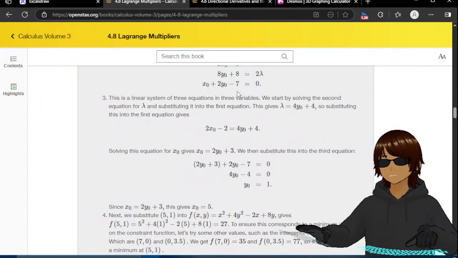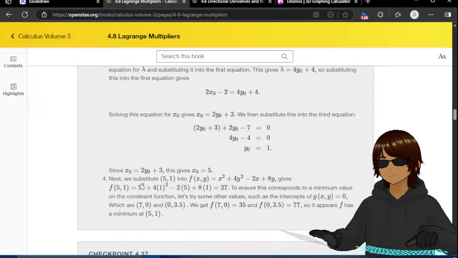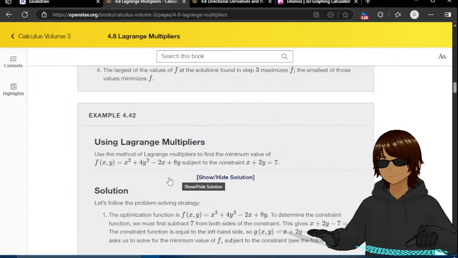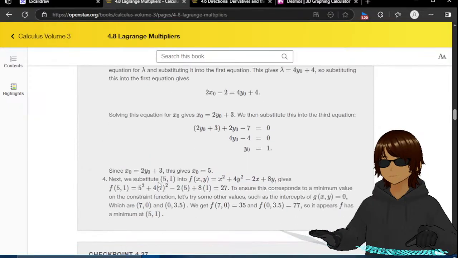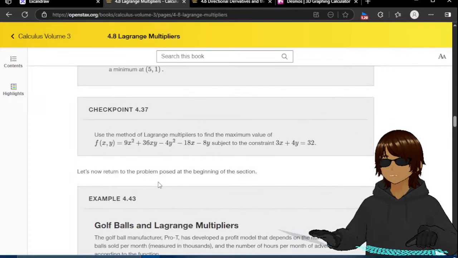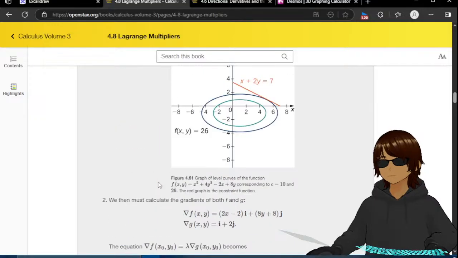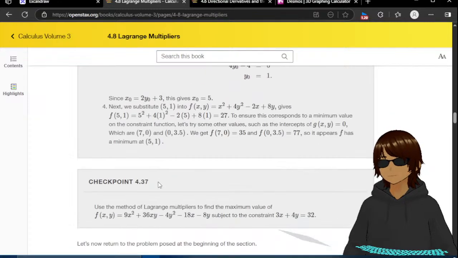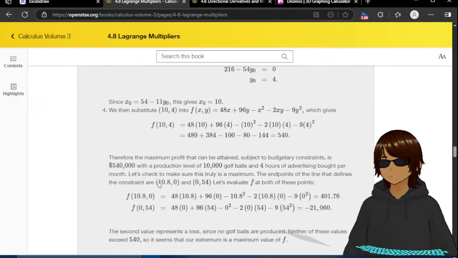Now I'm getting 5 and 1. 5 and 1. Right. But how do we know if it's a minimum or a maximum? This part is kind of confusing.